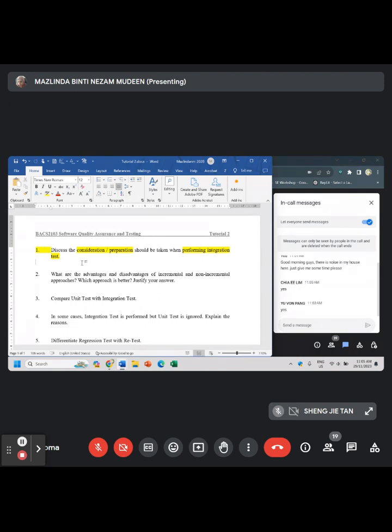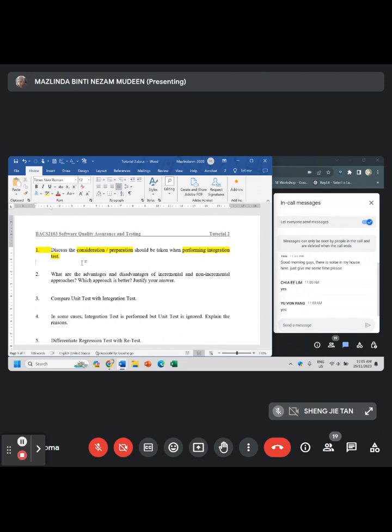Okay, so here the integration test which we are discussing is from the modules to a system level. It means before we start with the higher order testing, which is at the system level, we are trying to do the integration here. Okay, so when we want to perform this integration test, what are the considerations or what are the preparations which we need to take care of first?